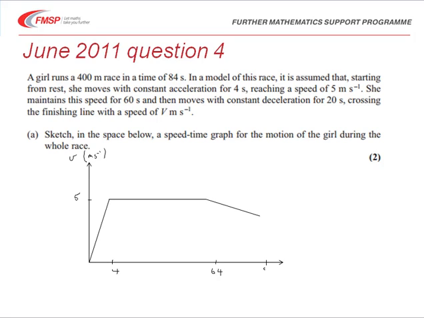And final time 84 with a velocity of v. So there's our speed time graph, and there were 2 marks given for that, just 2 B marks, so no method required, simply for getting the shape and the labels onto there.